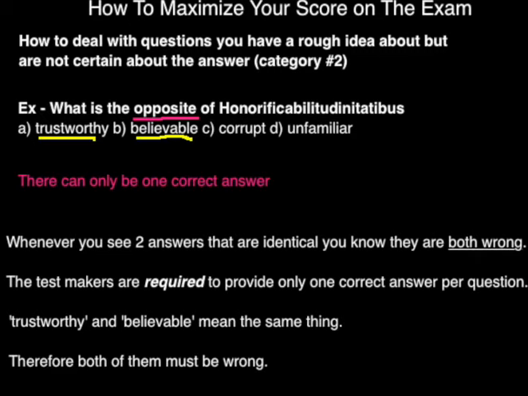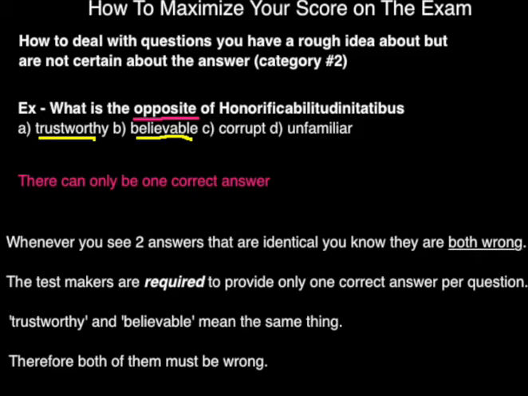So even though we don't know which of the answers is correct, we can say for sure it's not A and B. Now we've increased our chances from 1 out of 4 to 1 out of 2. This demonstrates how the process of elimination can be used for questions for which you just have a rough idea of what the answer might be.